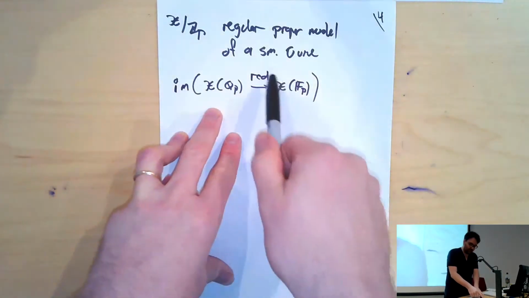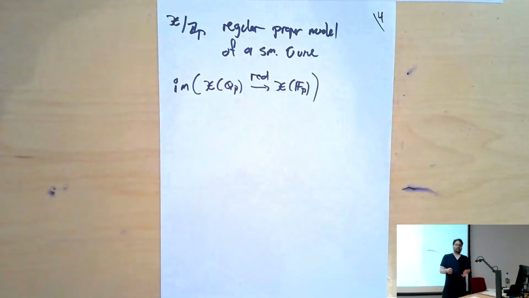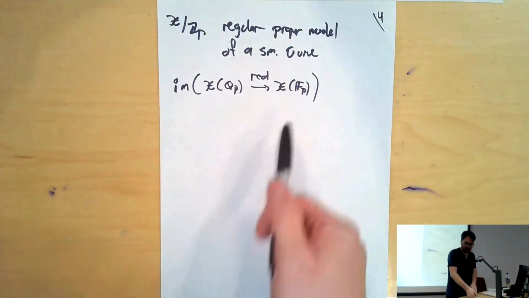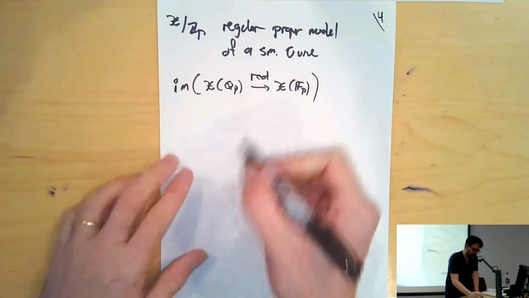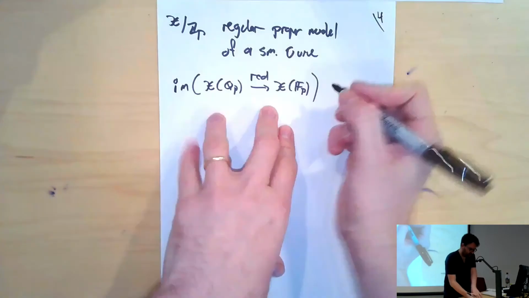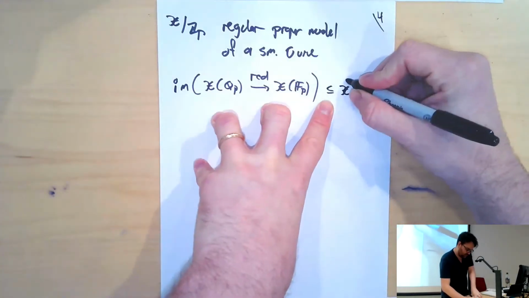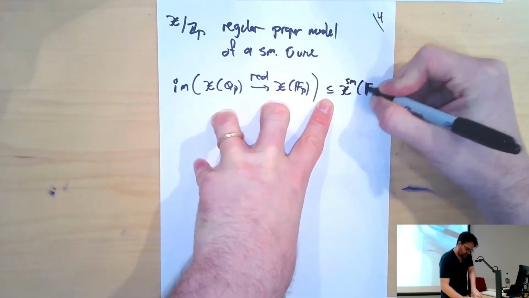In this case, things are projective. The reduction map is: scale the coordinates of your point until you can reduce to something which is a point of X(F_p). But it's also proper, so I'm using the valuative criterion of properness, and the point is this is contained in the smooth locus of X_{F_p}.